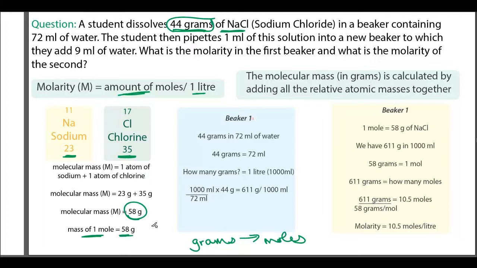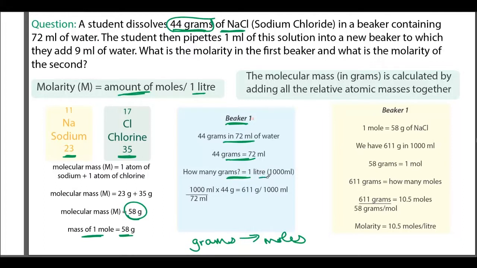So we're going to start working through this calculation here. We know we have 44 grams in 72 milliliters of water. We're talking about beaker 1 here. But we want a molar concentration. How many grams would we have if we had 1 litre?